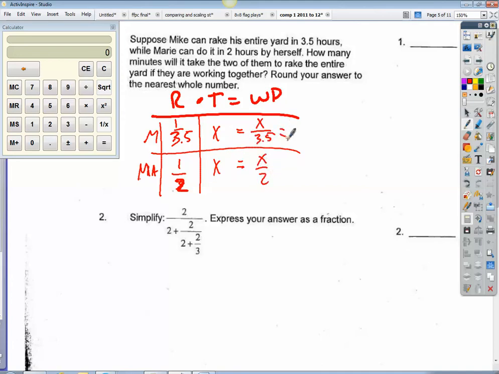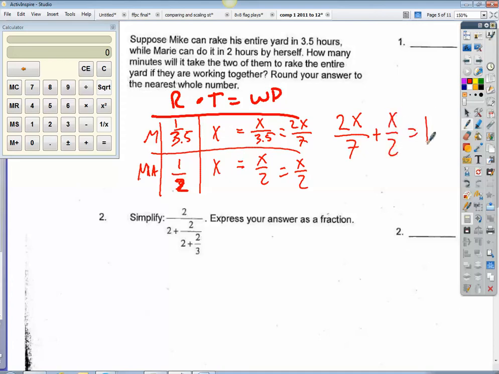We don't like the 3.5 so much, so I'm going to multiply the numerator and the denominator by 2. Now I know that they're working together, and that will equal one job, and it's almost always 1. So I know that this plus this has to equal 1.